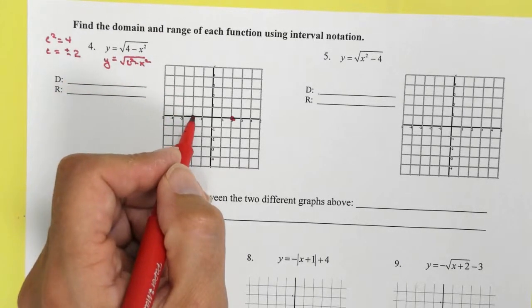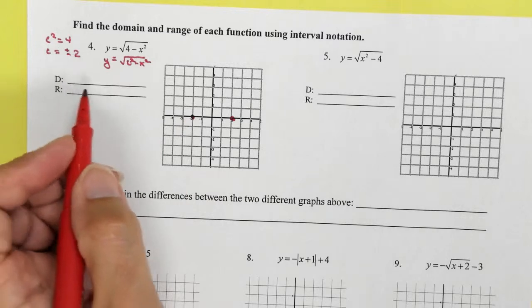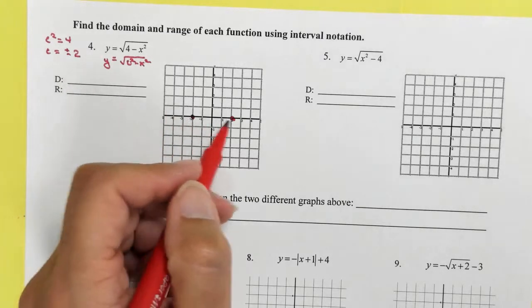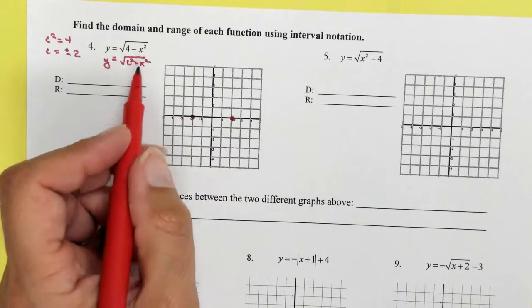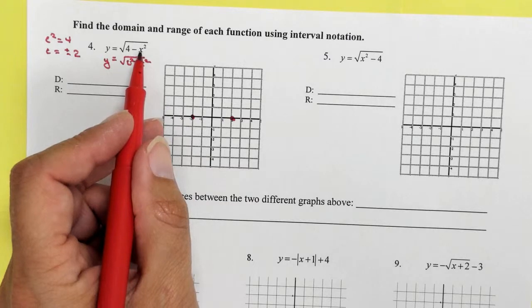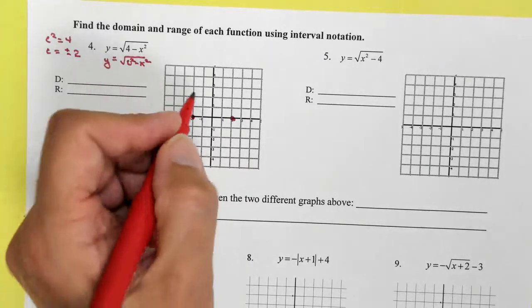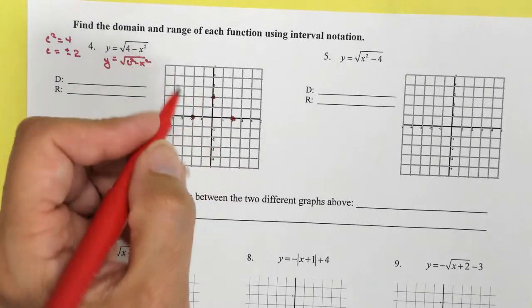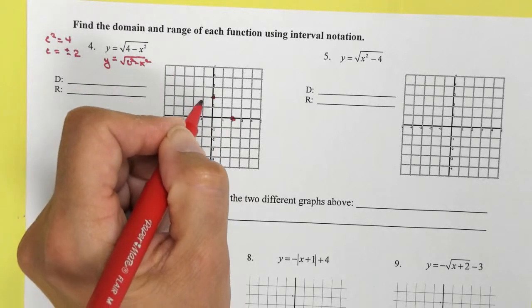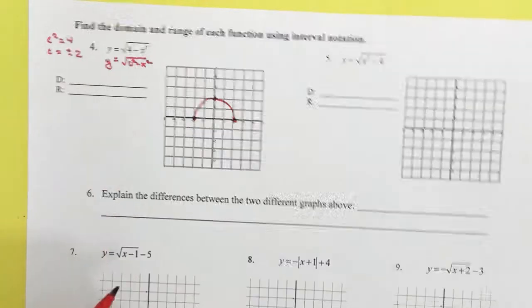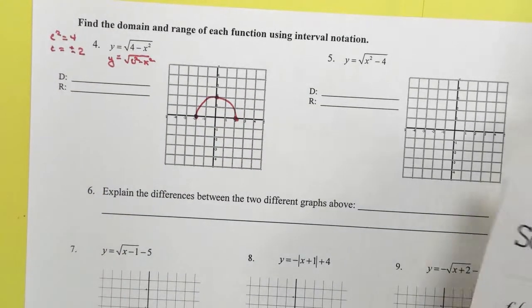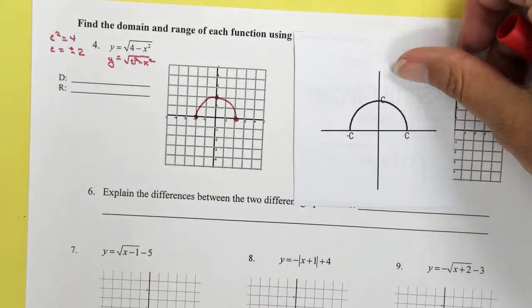And so we see that we have these 2 points. In addition to that, we might try a value in between them. So let's try 0. If we put 0 in for x and evaluate, 0 squared is 0, and the square root of 4 is 2. And that leads us to seeing that we have a semicircle. And if we compare that to the flashcard, we can see the semicircle as well.